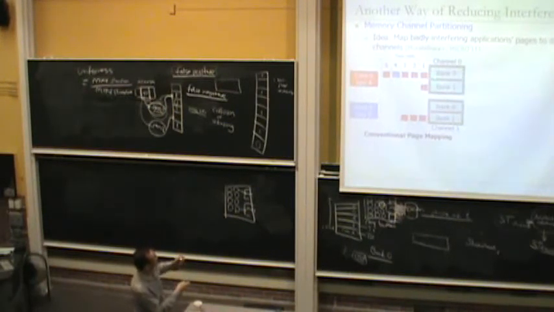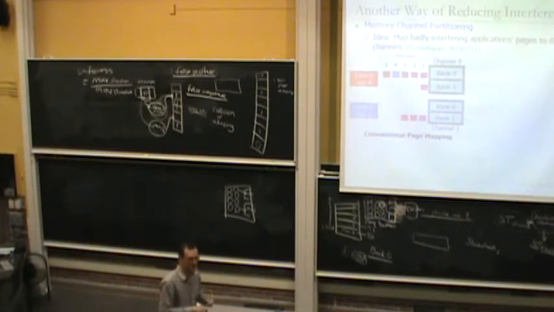So let's say you have 2 channels and 2 cores, which is not going to happen in the future, but this is just to motivate the problem. If you map the data of both of the cores to all of the channels, this is what you could get, right? What happens is this core 1 gets delayed for 4 time units.